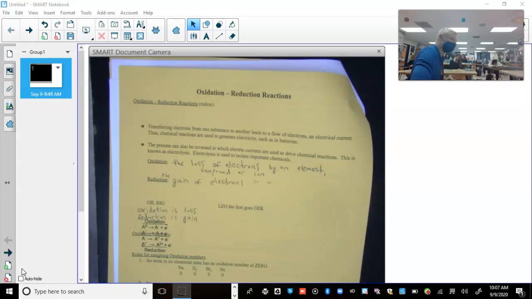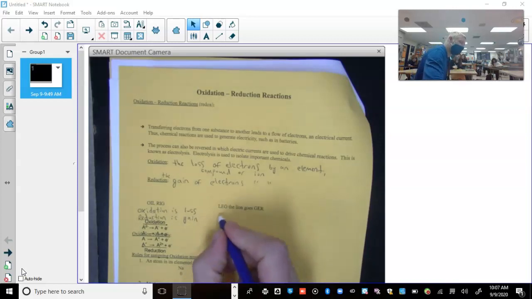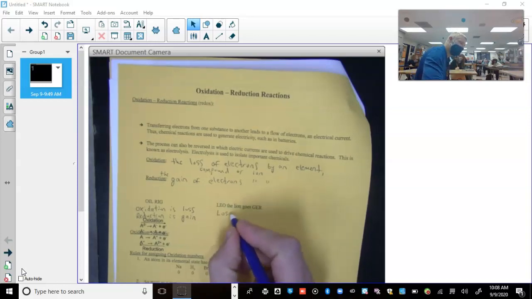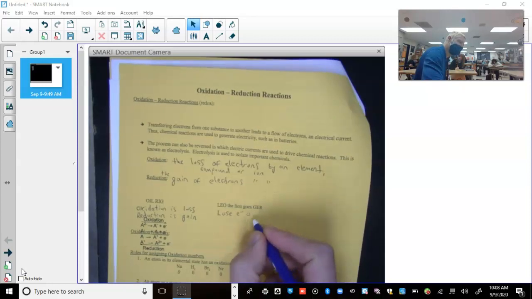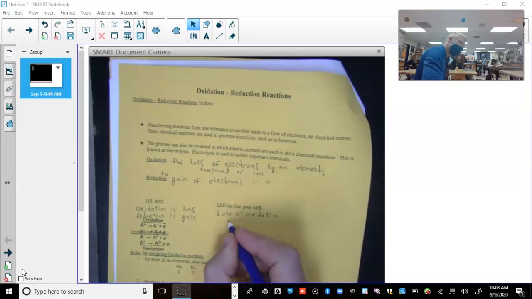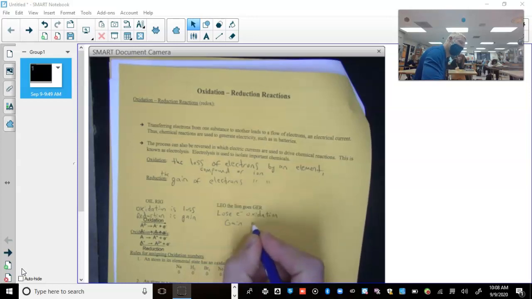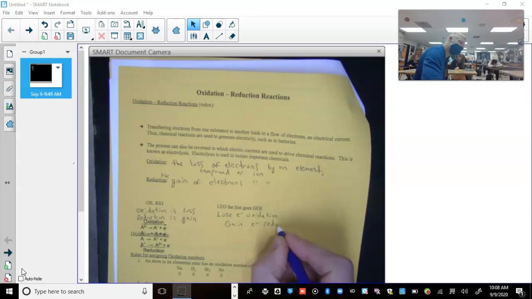But if you are more into the environment, you might want to go with LEO the lion goes GER. Lose electrons oxidation. I'm just doing e minus for electron. And then GER is gain electron reduction.